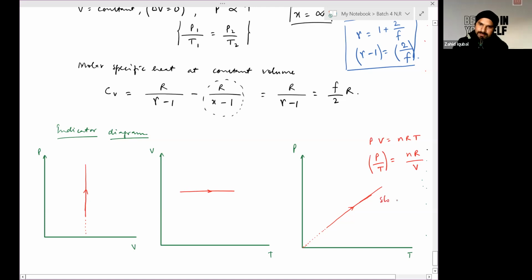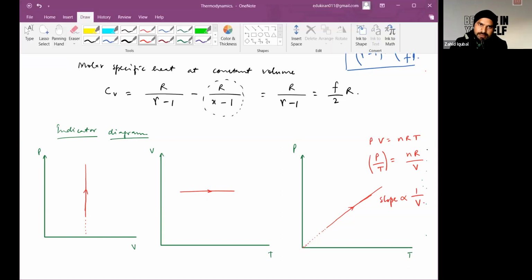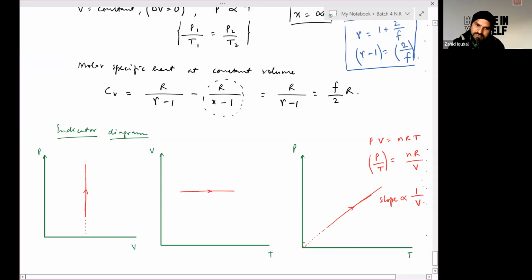So the greater the slope of pressure versus temperature, the smaller the volume. Let's say there is another curve. If this is B and A, the slope of B is greater as compared to A, so it will have smaller volume. So the volume of B will be smaller as compared to A.